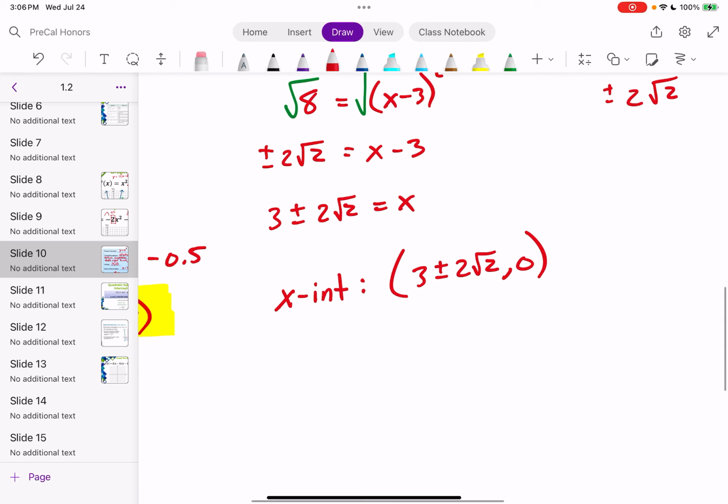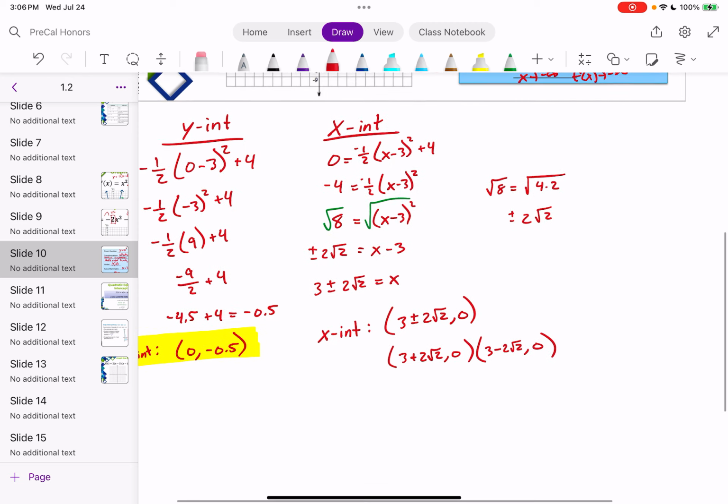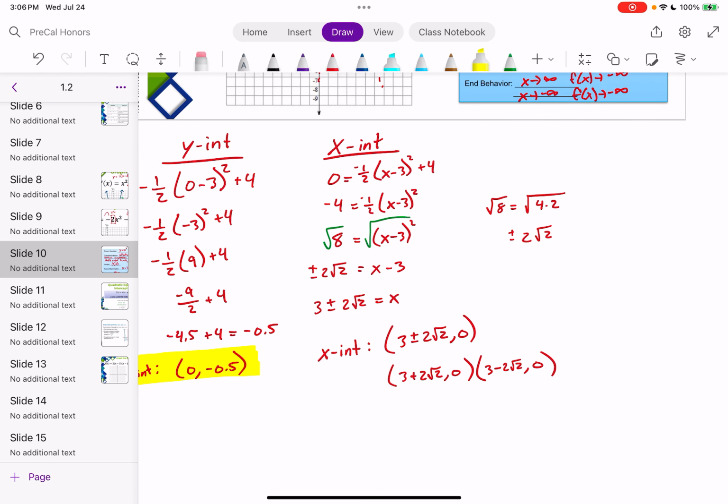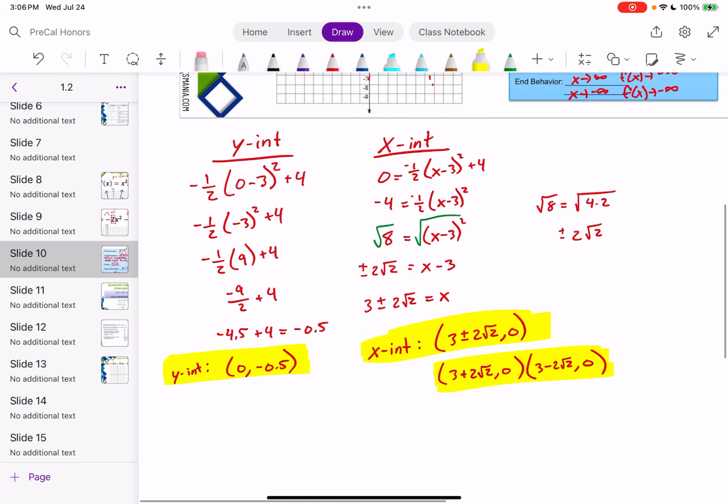Now it could be written like that, or you can separate them out as (3 plus 2 square root of 2, 0) and (3 minus 2 square root of 2, 0). This right here would be your answer for the x and y intercepts.